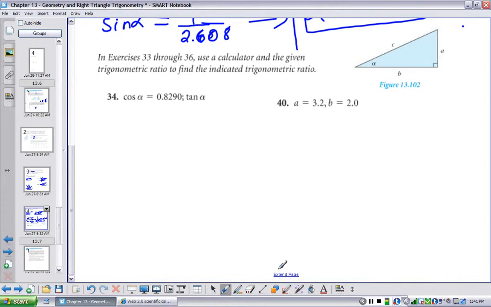Okay, so now we're going to look at some different problems here. It says to use a calculator and the given trigonometric ratio to find the indicated trigonometric ratio.